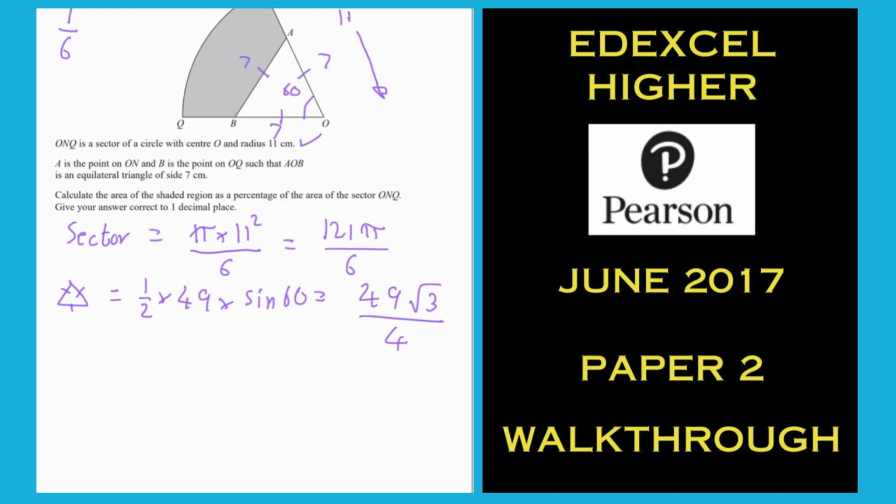So when I do triangle divided by whole thing, when I do 49 root 3 over 4, divided by the whole shebang, don't forget that will give me the percentage unshaded.